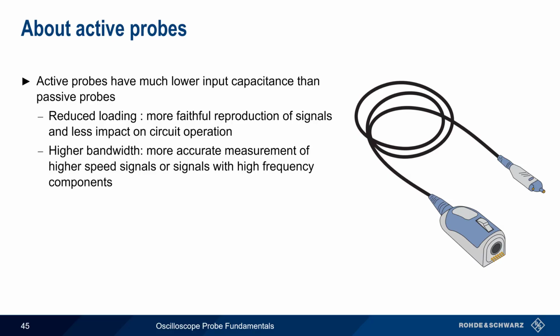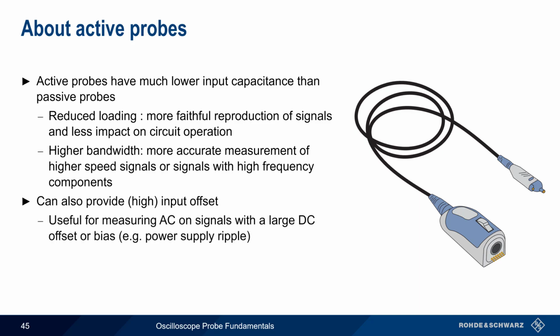In addition, some active probes can also apply a relatively large offset to the signal, which is very useful when trying to measure small AC signals on top of larger DC signals. A good example of this is power supply ripple. Active probes are therefore an excellent choice for many demanding measurement applications.